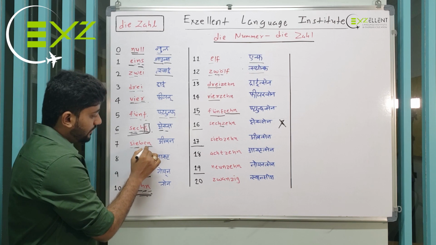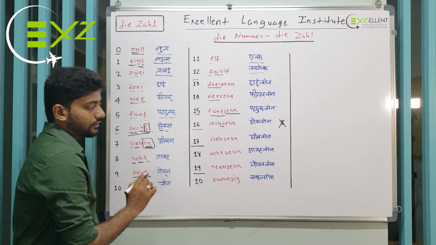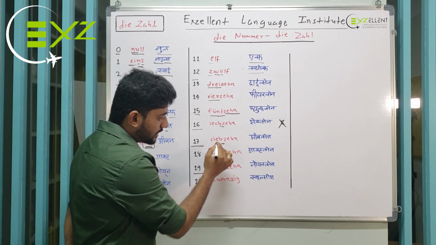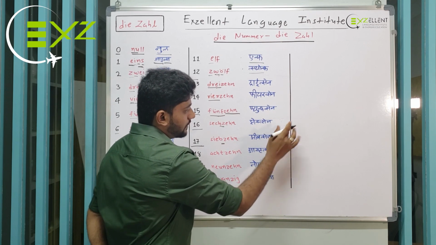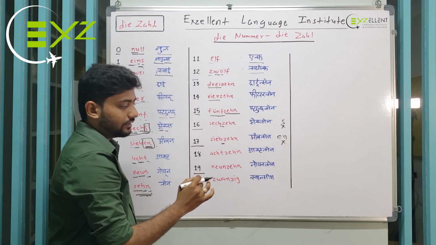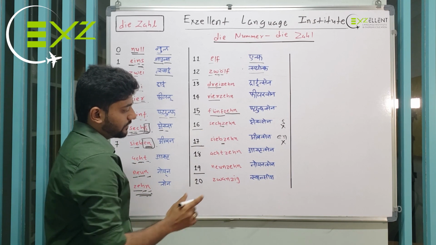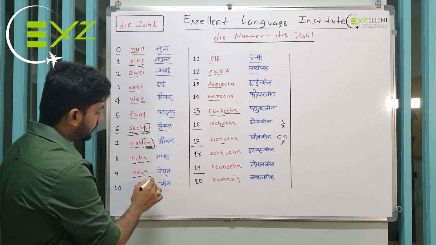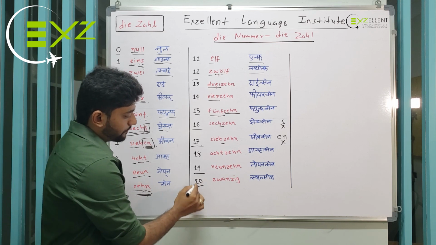See, in sieben we have en, but in 17 we don't have en, we are skipping en. Okay, so we are removing en. You can say here we are removing S in 16, and we are removing en in 17. So overall it is siebsen. For achtsen we are not changing anything in acht or neun. Okay, achtsen, neunsen, right?